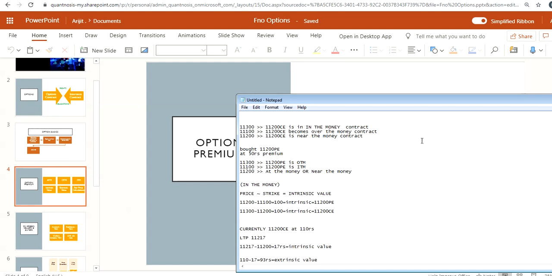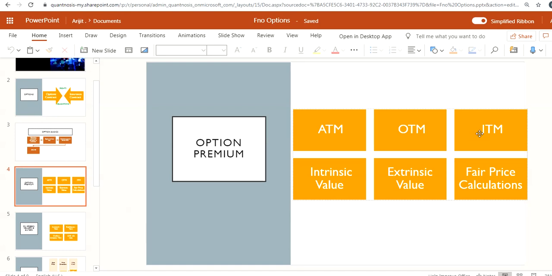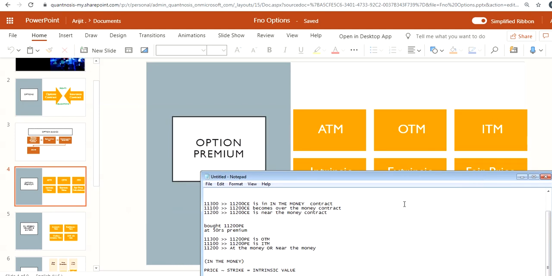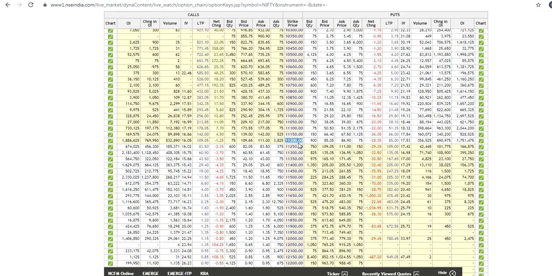Okay, so intrinsic value and extrinsic value we learned. For in the money, intrinsic value will be there. For over the money, there is zero intrinsic value, which means the entire value is extrinsic. So 11,300 C, 11,250 C or 11,350 C, all these call contracts are over the money, so their last traded price includes zero intrinsic value, and the entire amount is extrinsic.